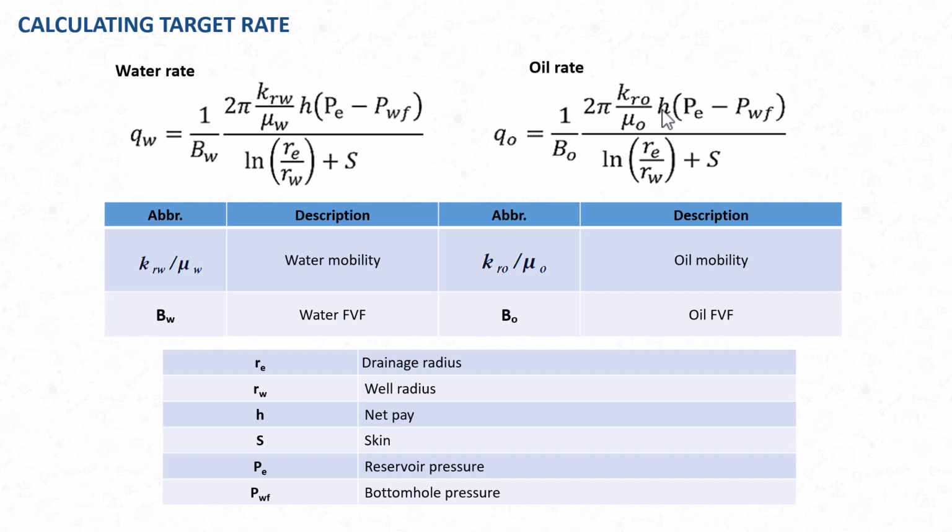Because if you have more or less stable production or injection, most of these properties would be constant in time. And that means that you can actually study the productivity or injectivity index of your wells and use it in calculations of rate from the optimal pressure.